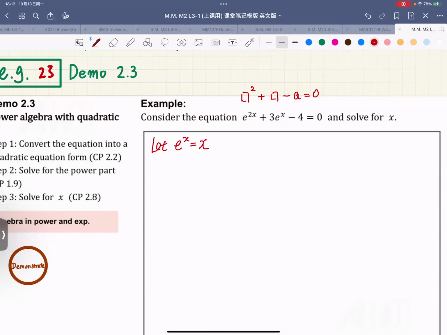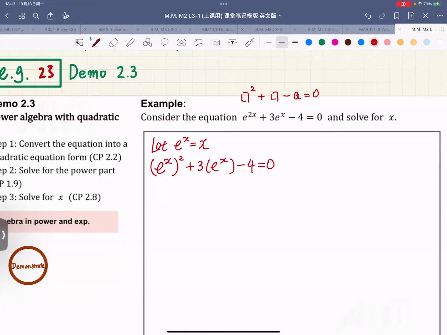So when we break it up, e to the power of 2x is equal to bracket e to the power of x, bracket to the power of 2, plus 3 times e to the power of x, minus 4 is equal to 0.